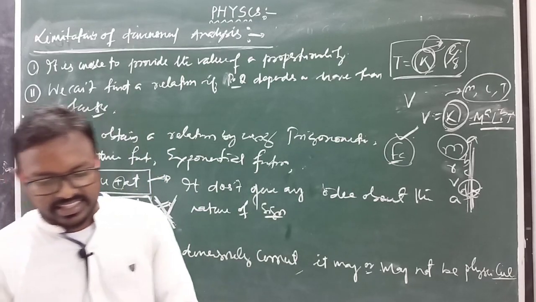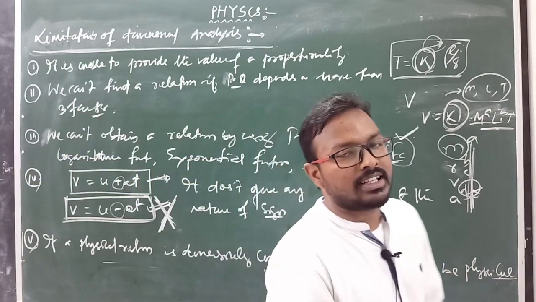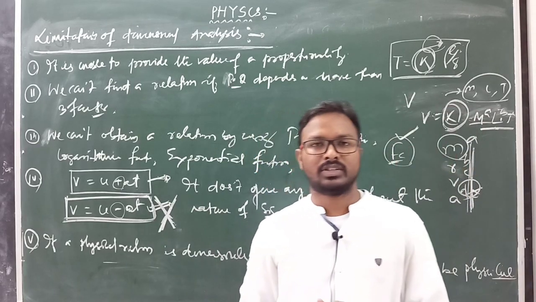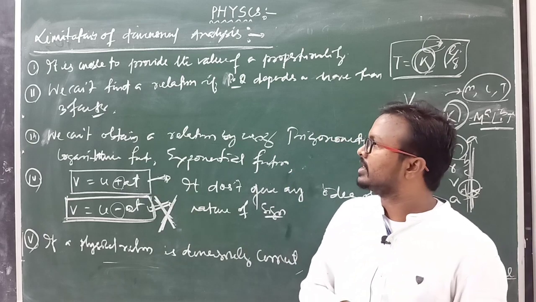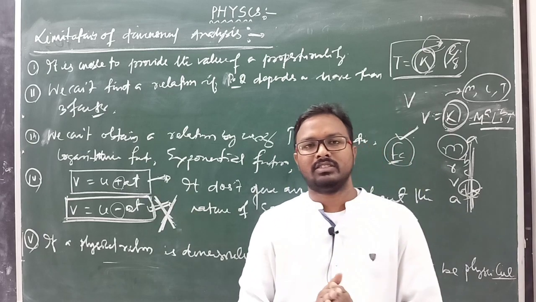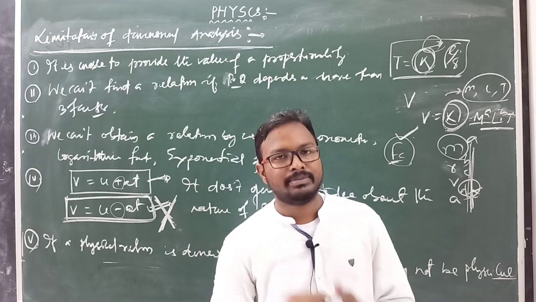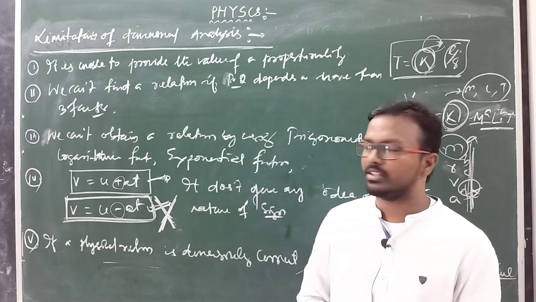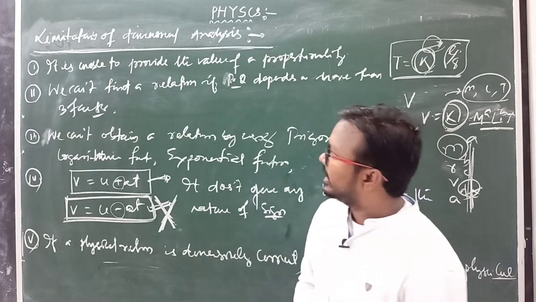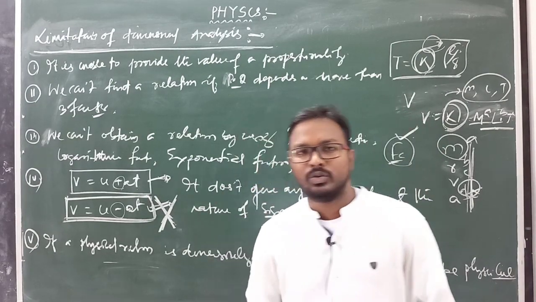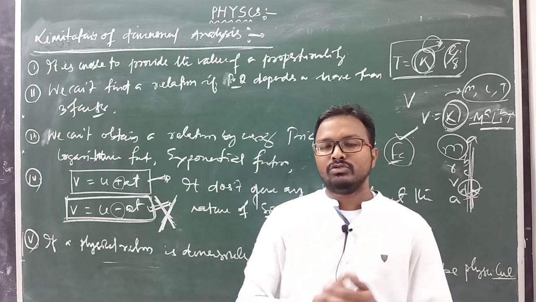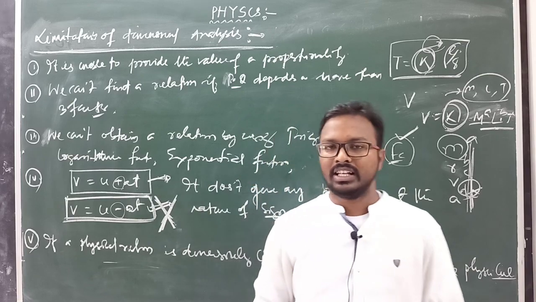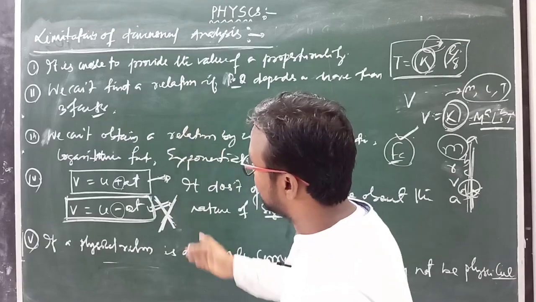So we already discussed the applications of dimensional analysis. First application, to check the correctness of different physical relations by using the principle of homogeneity, and second, we derive a physical relation by using different physical quantities, that means when it depends on only 3 factors. And today we discussed the third use of dimension, that means conversion of units from one system of unit to another system of unit, and these are the limitations of dimensional analysis.